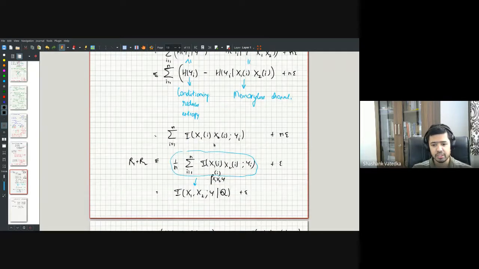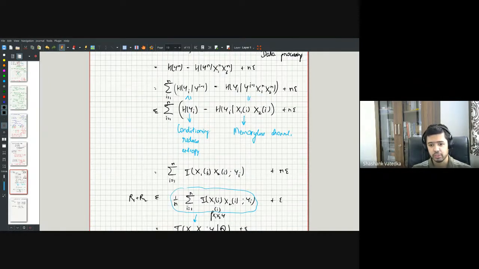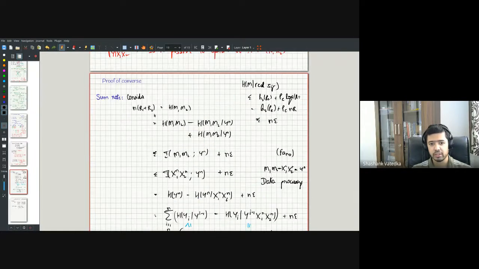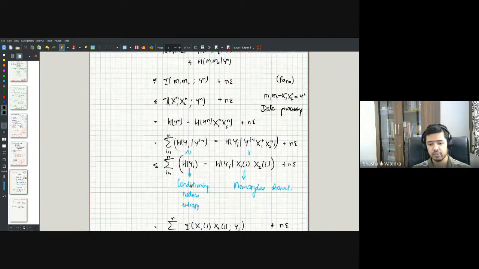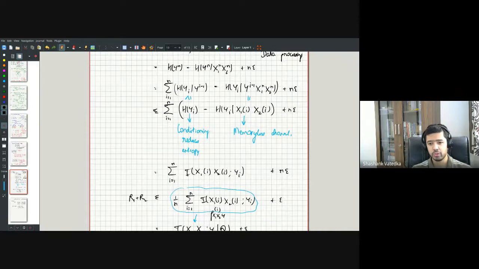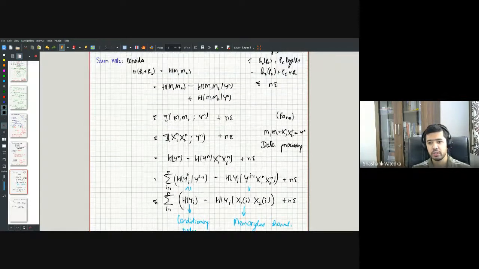Right? So in that case, generally speaking, you cannot obtain a closed form expression of this form.